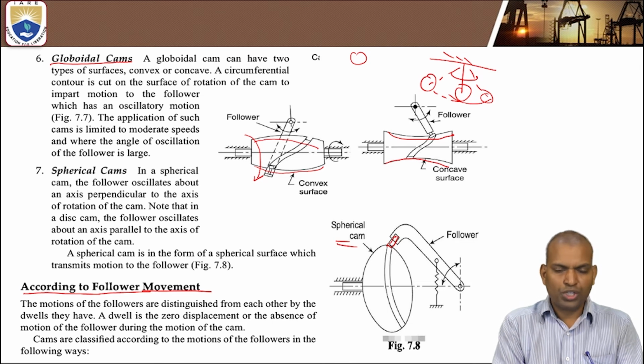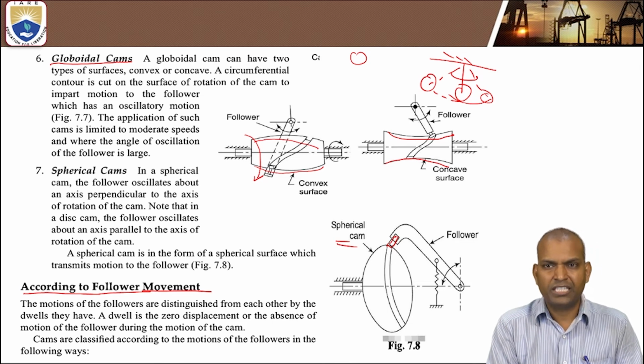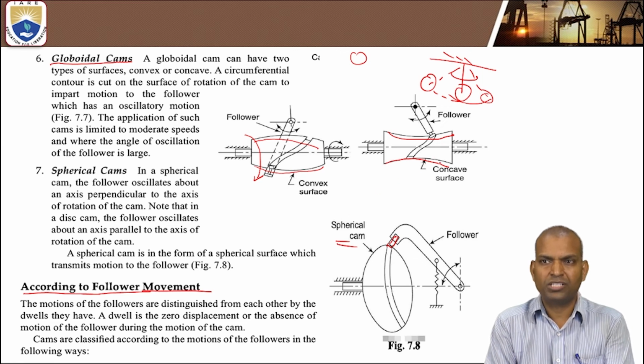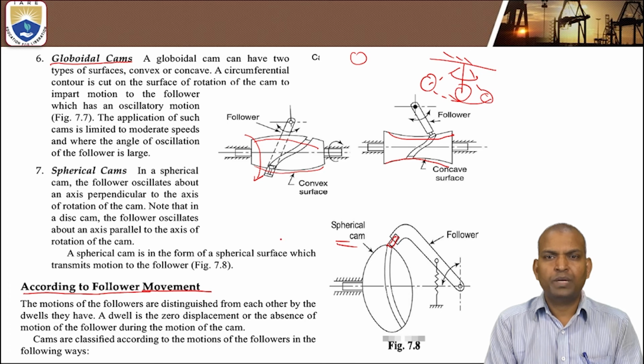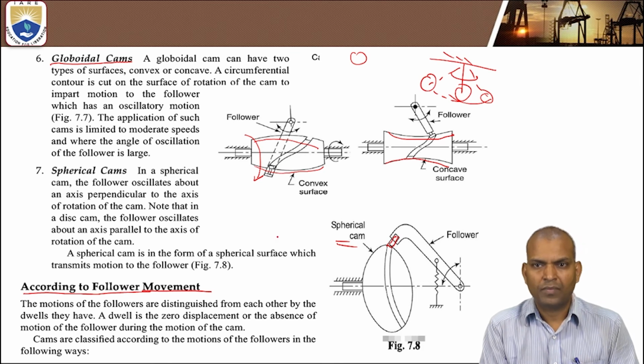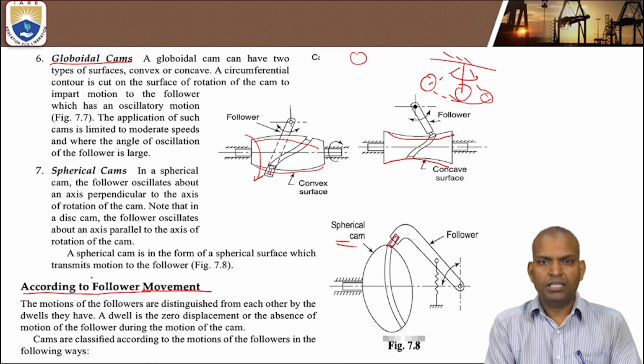The motions of the followers, as we have discussed many times in earlier classes, can be uniform velocity, uniform acceleration, uniform retardation, or simple harmonic motion. So here the followers are described.